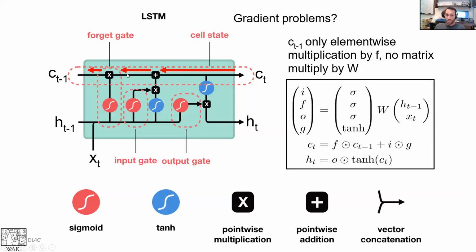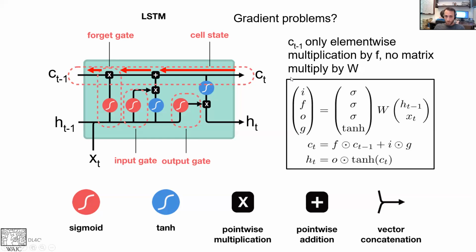It's not the same F matrix in H2 or in LSTM cell 2 or in LSTM cell 3. It's a different weight matrix. So what we gain by this architecture, if we just look at the cell state or the memory, is that our gradient will not depend on a matrix exponentiation, a matrix raised to a power, but it will be an element-wise multiplication by a different matrix at each time step.